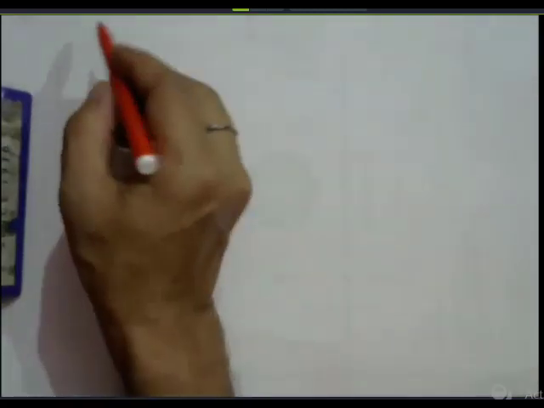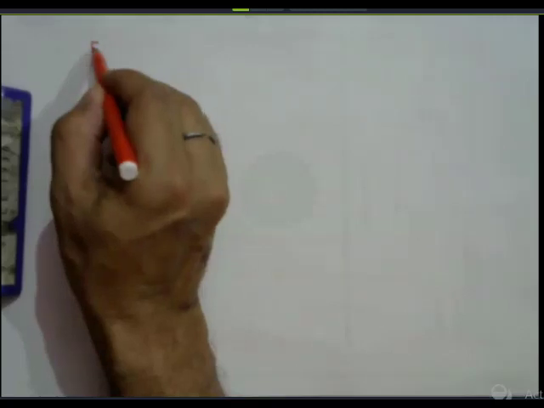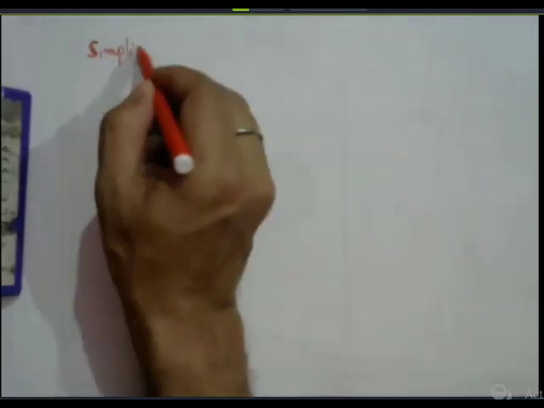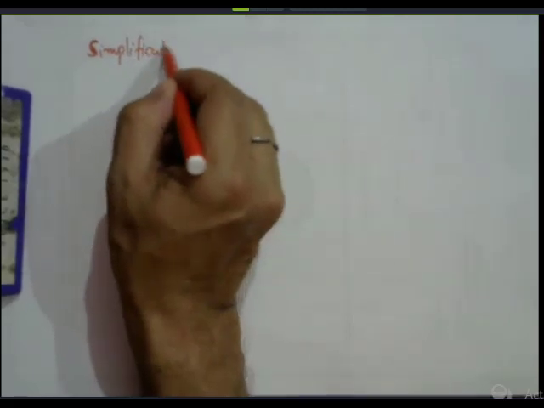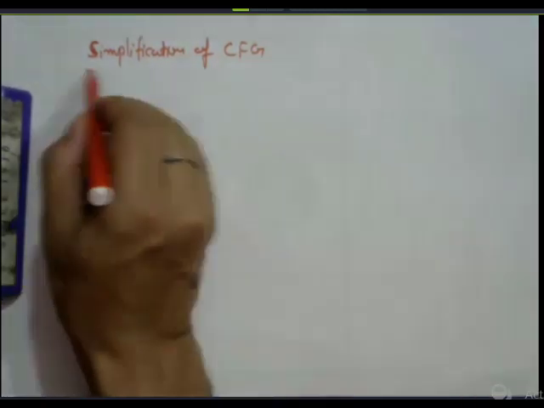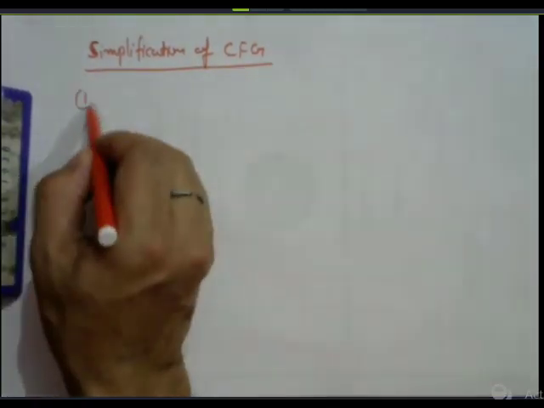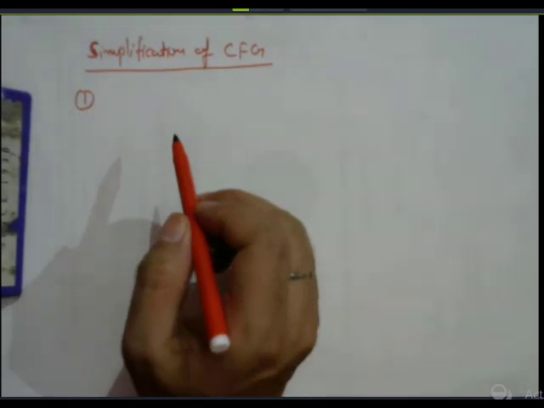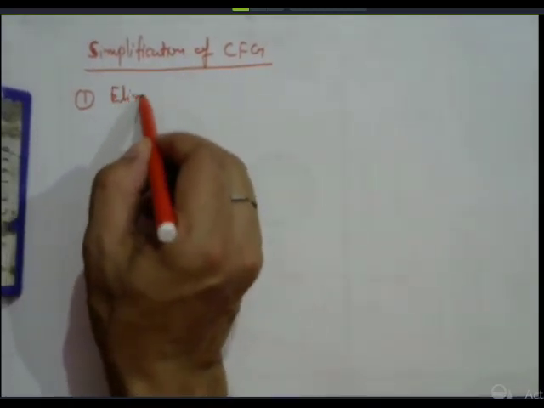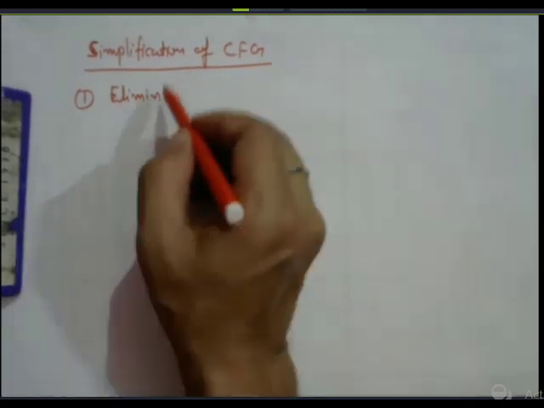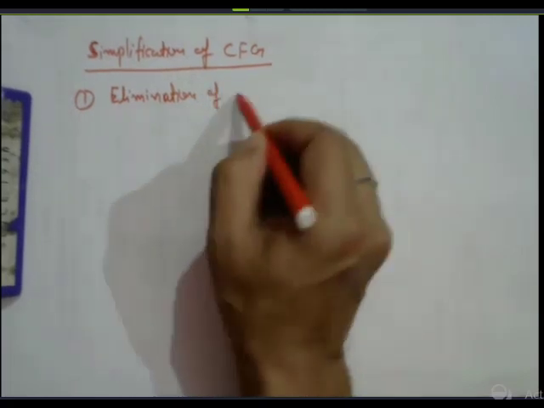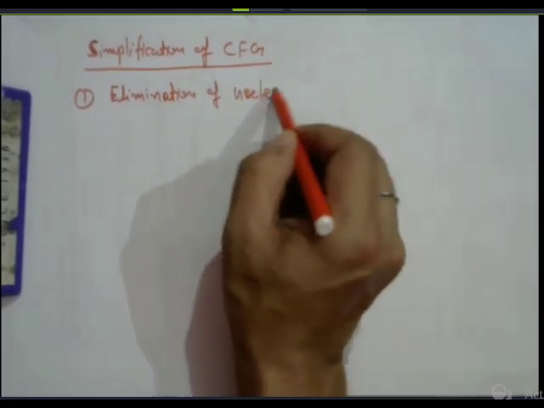The methods for simplification of CFG: the first method is elimination of useless symbols.